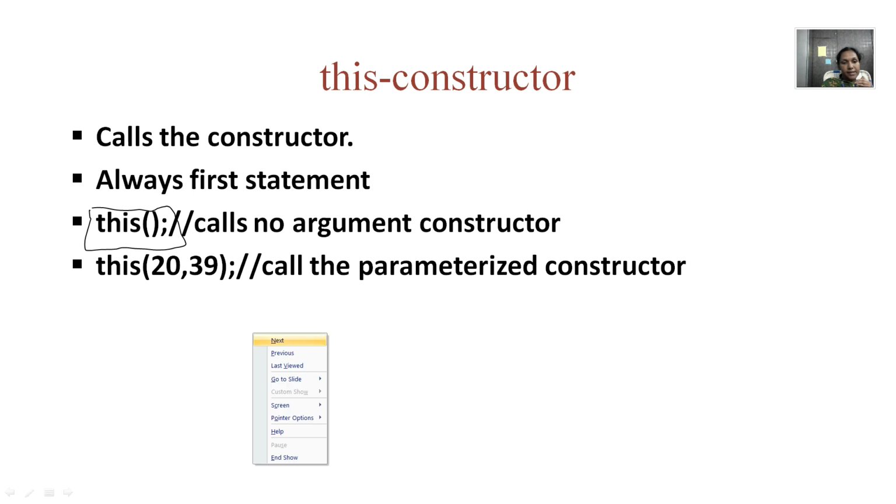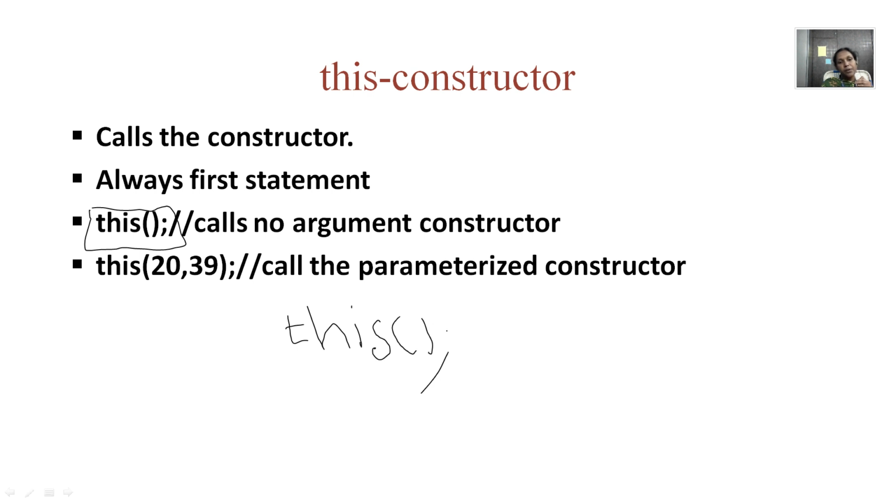So this is the syntax. I can write this keyword directly with a semicolon, which refers to the default constructor. If I pass this of 20, 39, it calls the parameterized constructor.